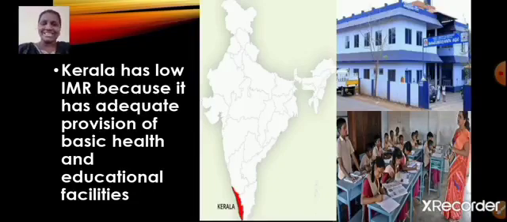Yes, it is. The state should have low infant mortality rate to be developed. And Kerala has low infant mortality rate. Why? Because it has adequate provision of basic health and educational facilities.